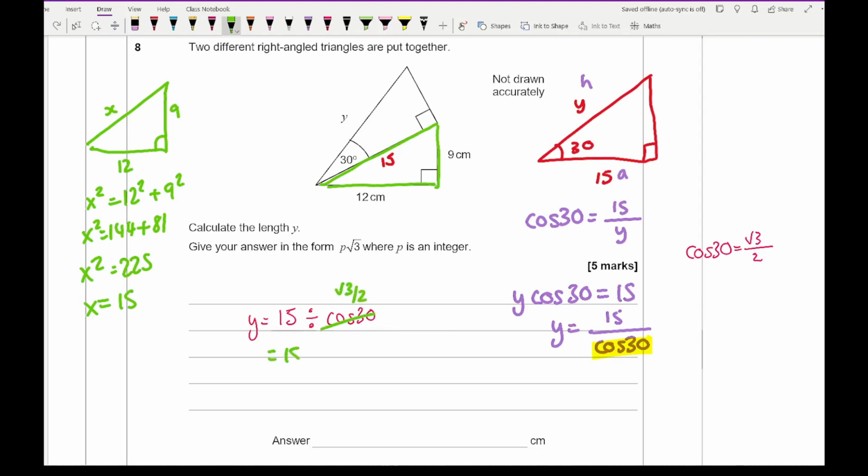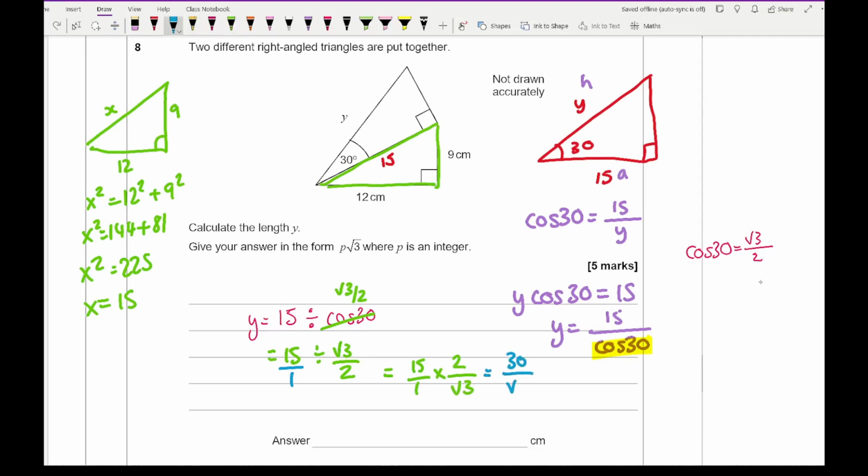So what that then becomes is 15 divided by root 3 over 2. I turn that 15 into a fraction, and then using the rules of division and fractions, flip that second fraction. So it then becomes 15 over 1 multiplied by 2 over root 3.